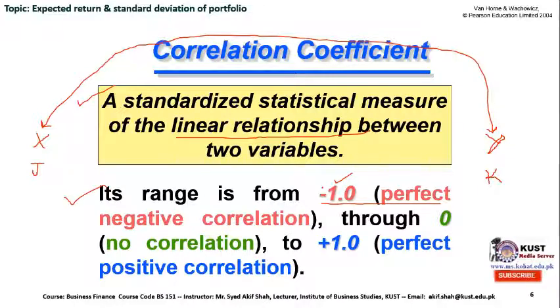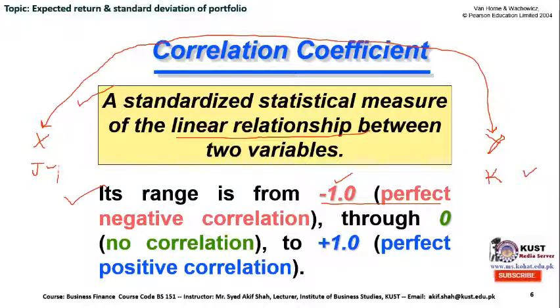So when the correlation coefficient found between stock J and stock K is -1, then we can infer that there is perfect negative correlation between stock J and K, which is the prime interest of the portfolio manager.